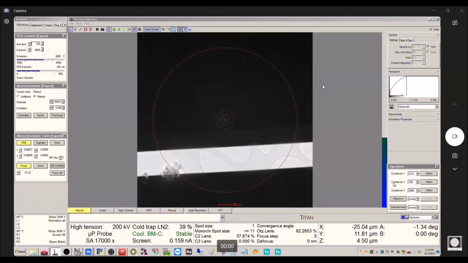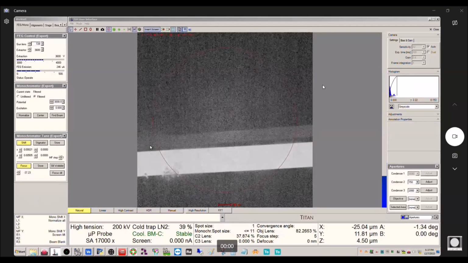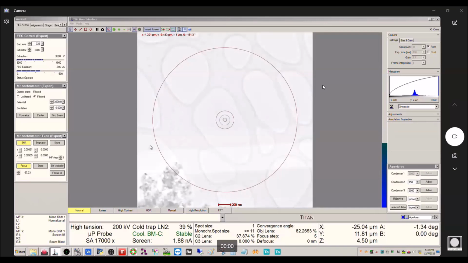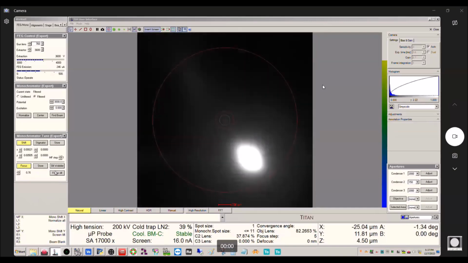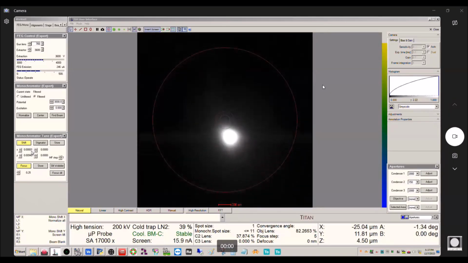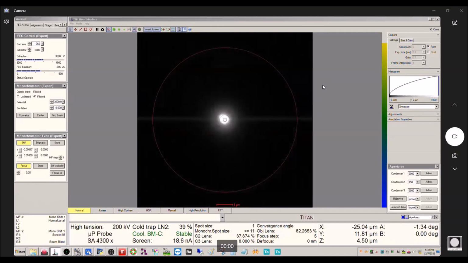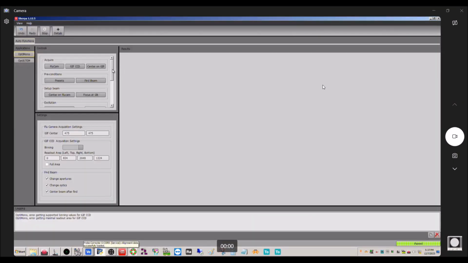And then we turn off the wobbler and we put this back. Then we can use this to get to focus and to shift this over. And then we can mag back down here to 2550.